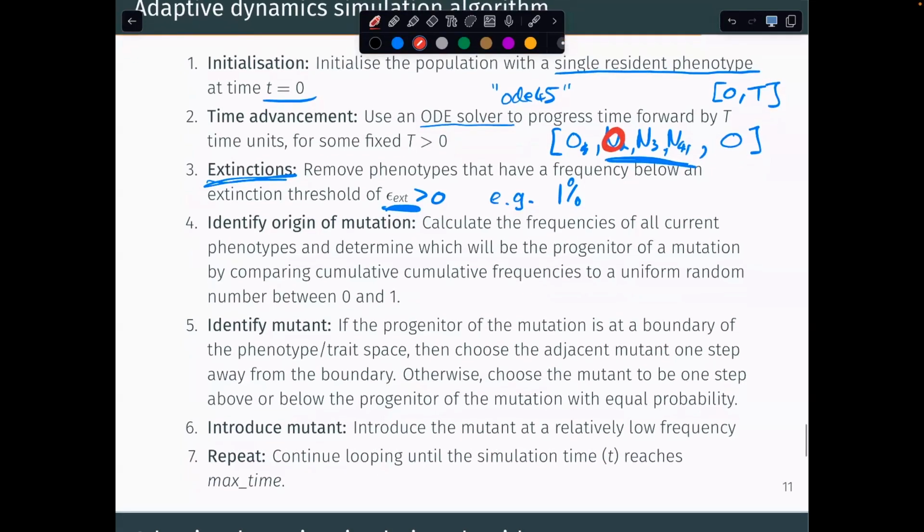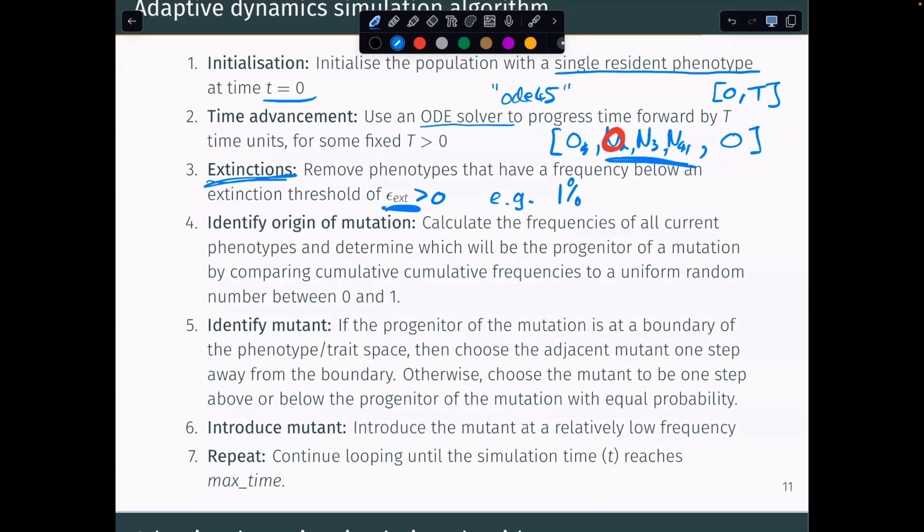The next stage after we've checked for extinctions is to identify where our mutation is going to come from. Okay, so this is our separation of ecological and evolutionary timescales step. We need to choose where our mutant is coming from, and the reason we need to choose this is because there may be many types temporarily coexisting in the system. Here, for example, I've got N3 and N4 as my two types.